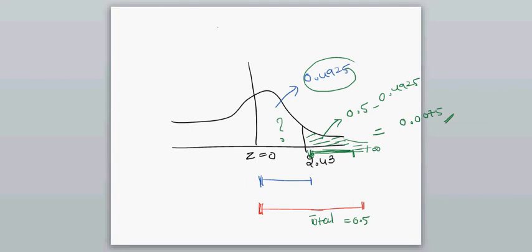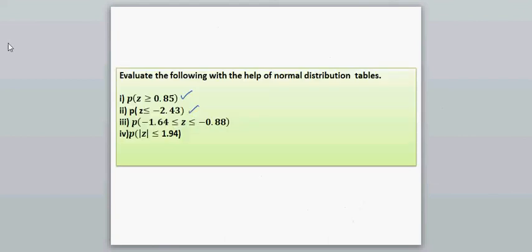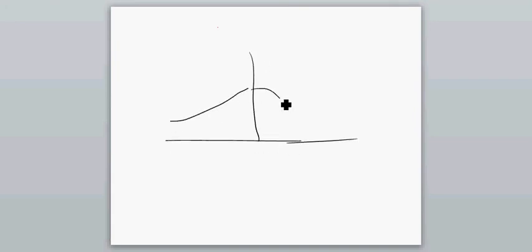The next, third question: area in between minus 1.64 and minus 0.88, minus 1.64 to minus 0.88. If you draw the normal curve for this, let me take the normal curve. This is z equals to 0, and minus 1.64, minus 0.88.